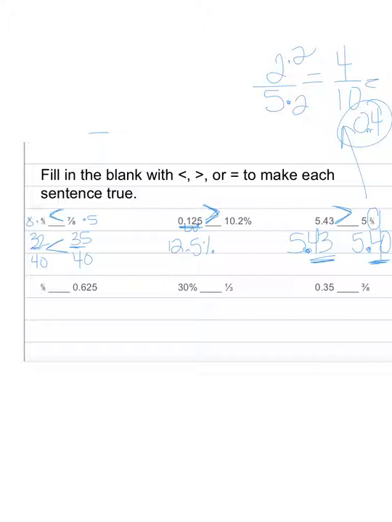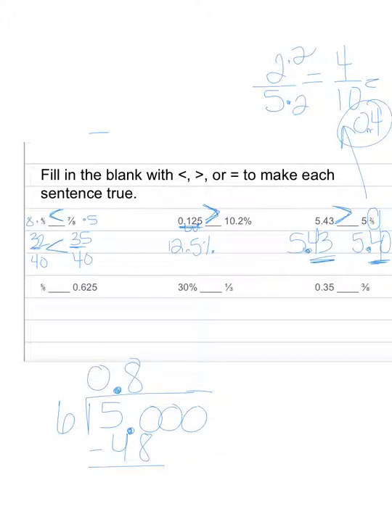5/6 and 0.625. So 5/6, if we do this down here, just to remind you how to divide a fraction, we have 5 divided by 6. I'm going to add a decimal with a bunch of zeros. 6 can't go into 5. I bring my decimal up. 6 can go into 50 8 times. 8 times 6 is 48. 50 minus 48 is 2.